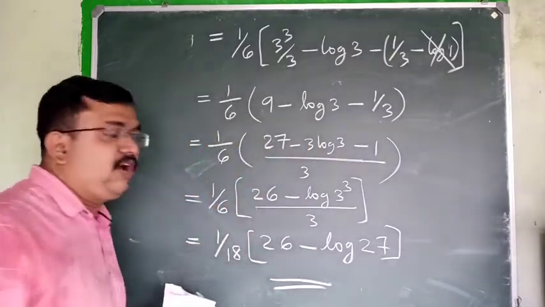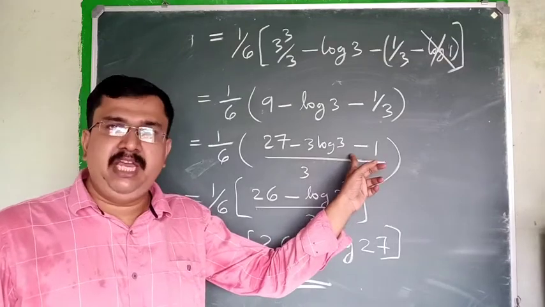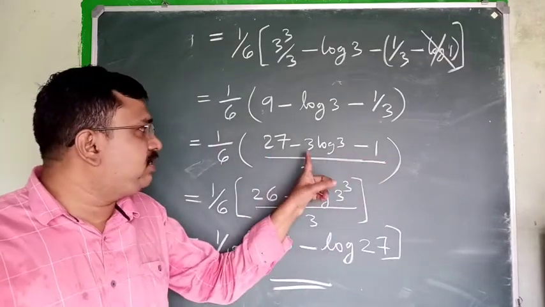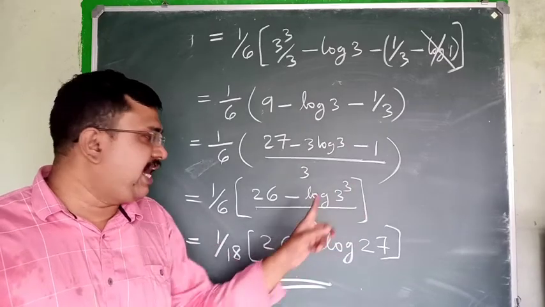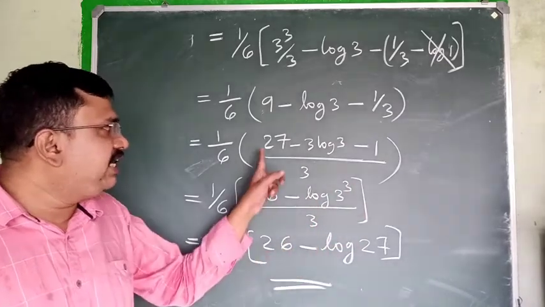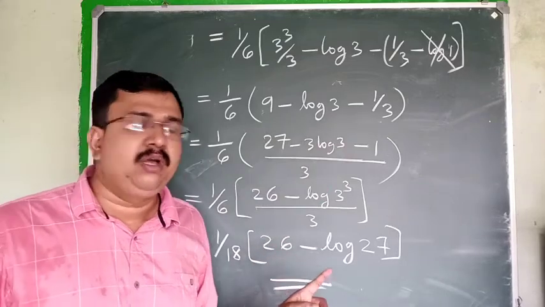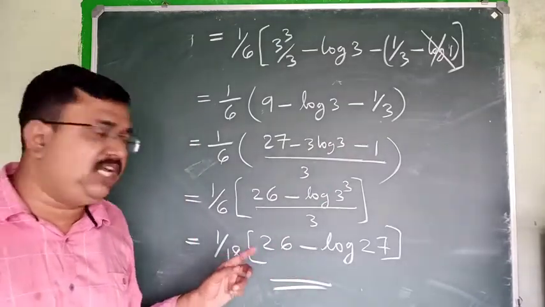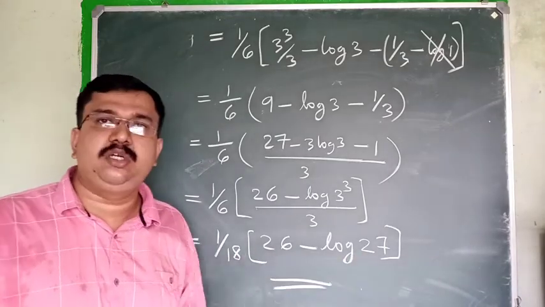Okay, this is our final answer. Remember that a log b means log b raised to a. That is why 3 log 3 means log 3 cube, that is log 27. Here 27 minus 1 is 26. Therefore, our final answer is 1 by 18 into 26 minus log 27.